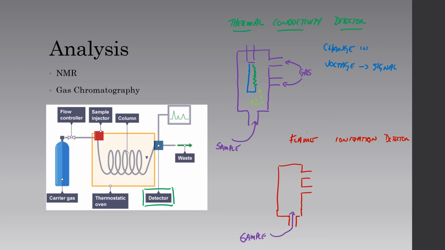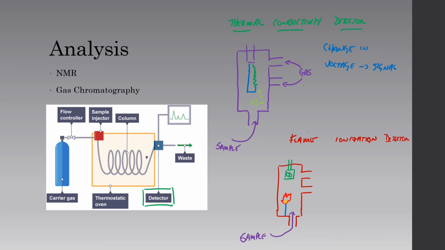Now inside our flame ionization detector, we actually have a flame, right? We have a flame that's in here. We also have an electrode that's held as a positive electrode, right? So we've got a positive electrode that's sitting in our detector also.